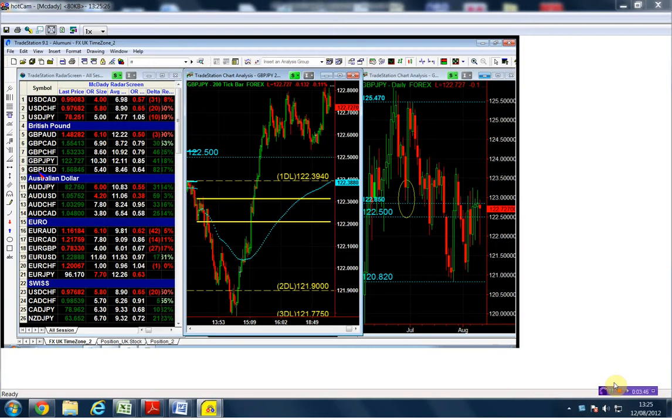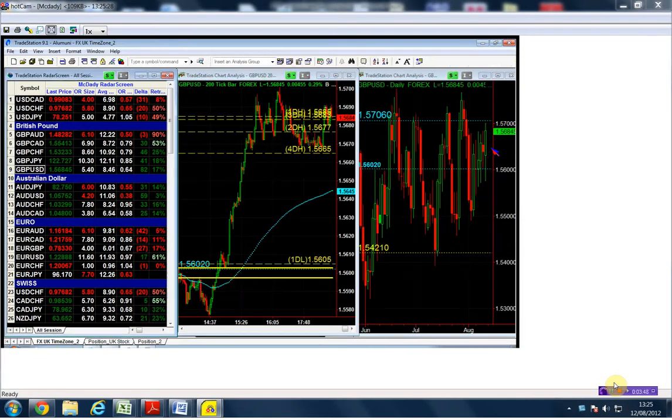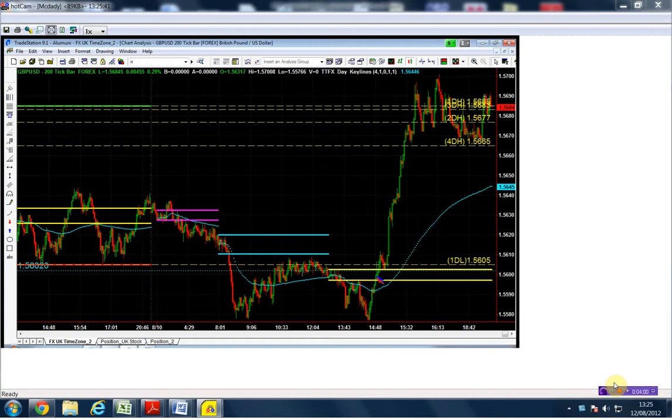We're doing the pound dollar right now, with all this reversal that we had intraday. You can see that there is your 156.02, which is the blue dashed line, and then it pushed to the high of the day, which is right below the 157.06.